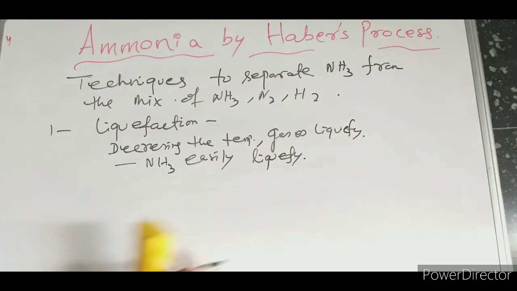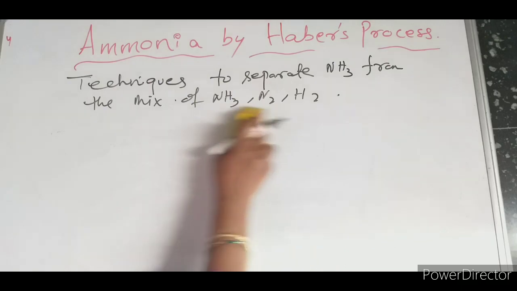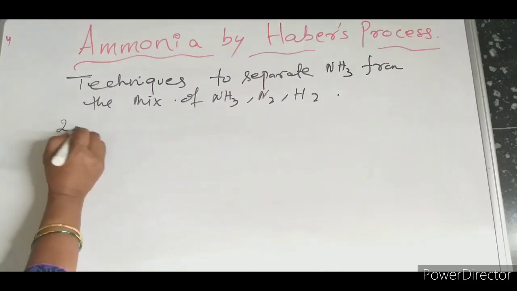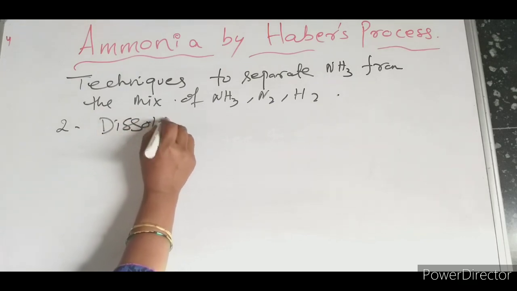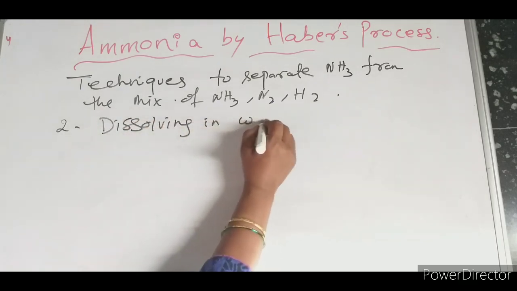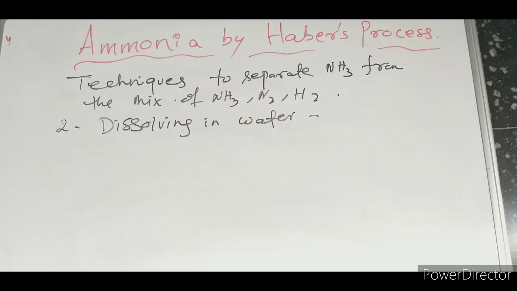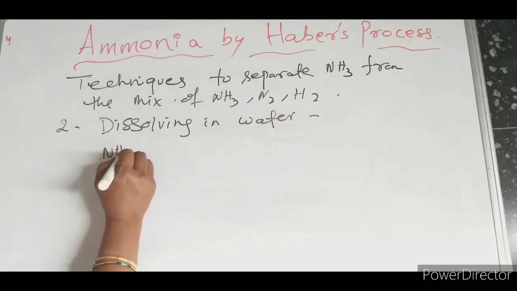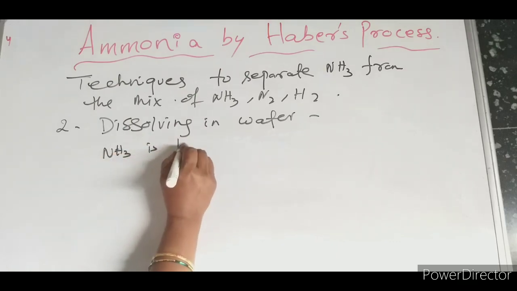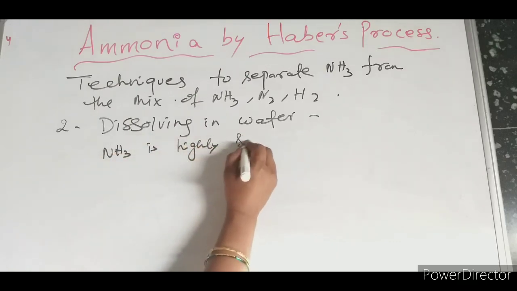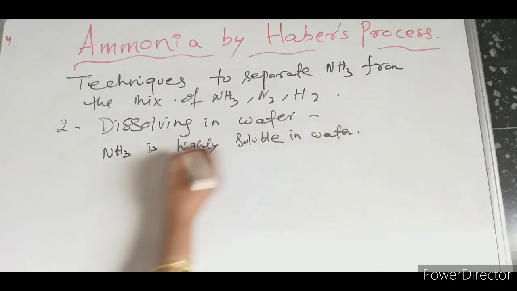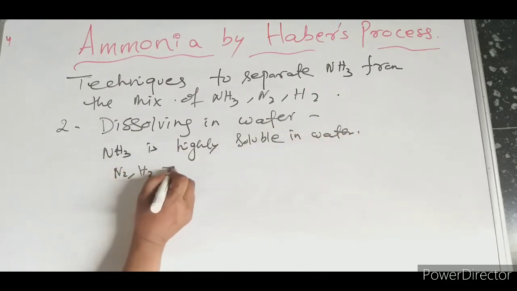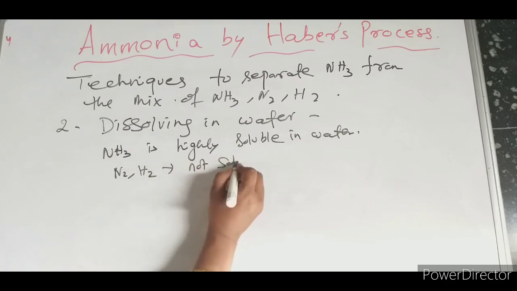What is the second method? The second method is also interesting: dissolving in water. Ammonia is highly soluble in water, while nitrogen and hydrogen are not soluble.